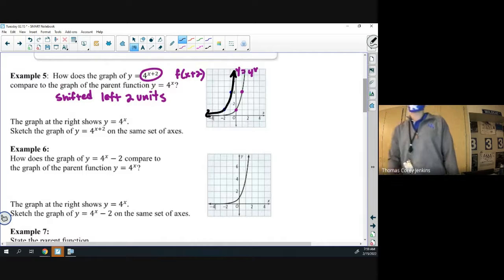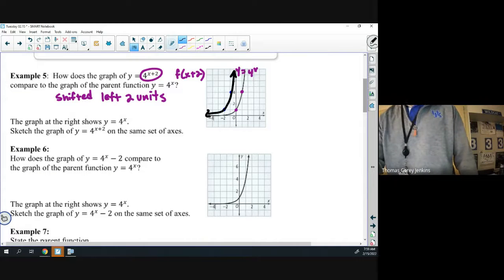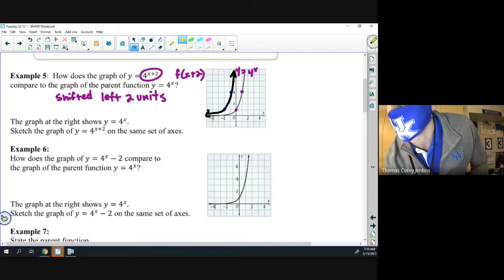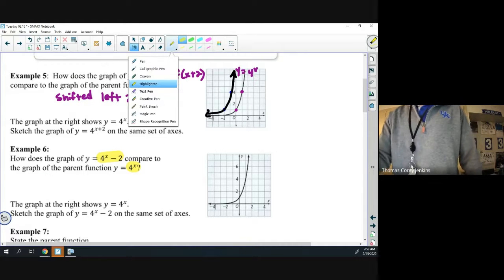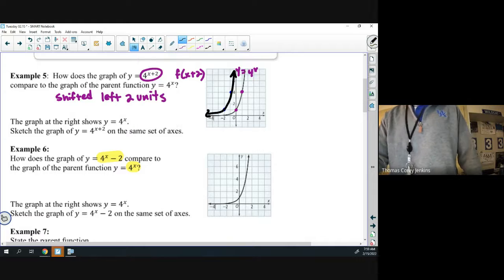Anybody know how to answer the next question, without looking at a graphing calculator or anything? If we're looking at y equals 4 to the x, take away 2, how's that compare to its parent function, 4 to the power of x? Gretchen? It goes down 2, right?